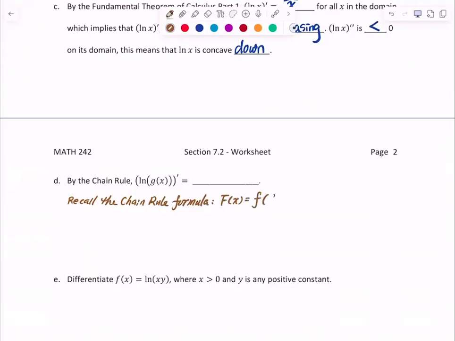So the big F is the composite function of f and g, right? The little f of g. So F prime of x, the derivative of big F function, is f prime of, and we have to make a substitution, f prime of g of x, times, that's a multiplication, g prime of x.